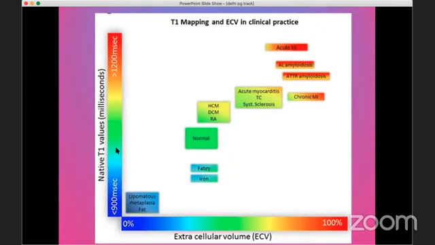So just to make it clear, the T1 values are acquired before gadolinium. These are intrinsic properties of the myocardial cell, and the ECV is a derived variant which is acquired post gadolinium.